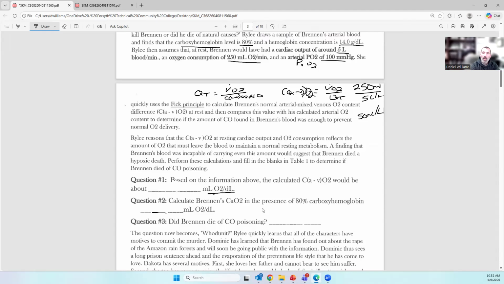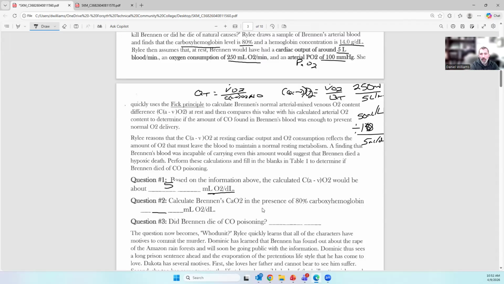So you have to go back up and remember that in order to convert this to milliliters per deciliter, since you're multiplying by 10, you're going to have to divide 50 by 10. The answer is 5 milliliters per deciliter. So then you can write 5 on that line there.